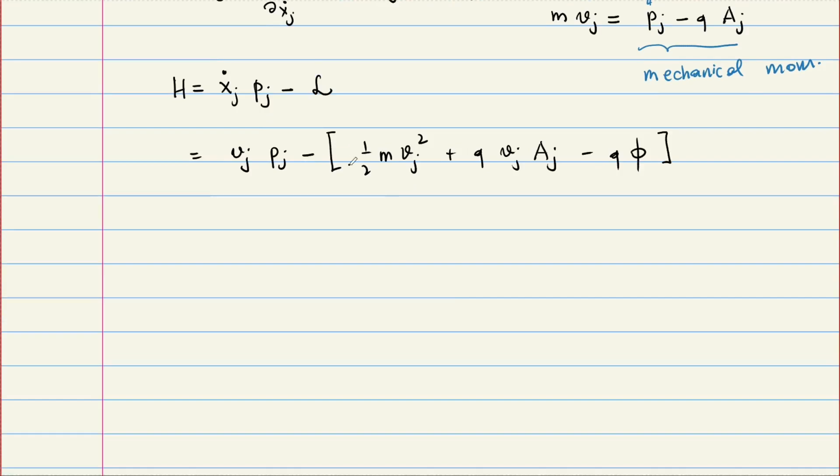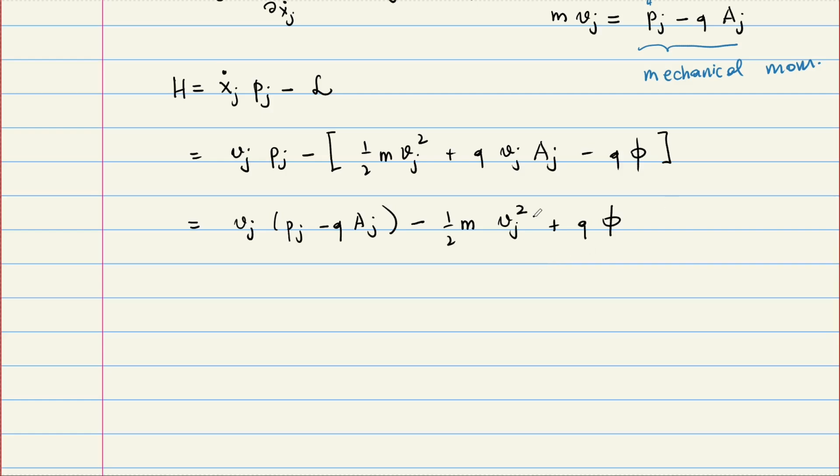And now I want to just simplify this thing. So this is Vj. You can see I have this Pj minus Qaj minus 1/2 m Vj squared plus Q phi.